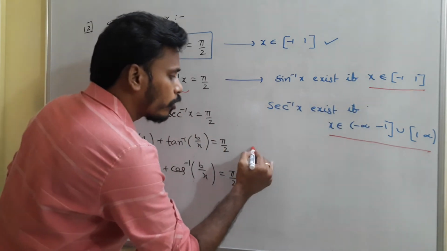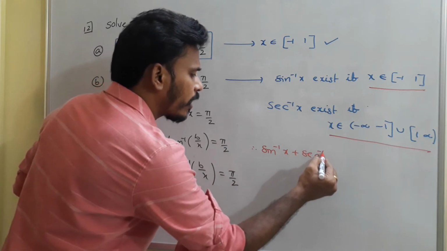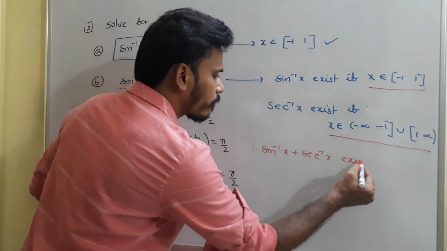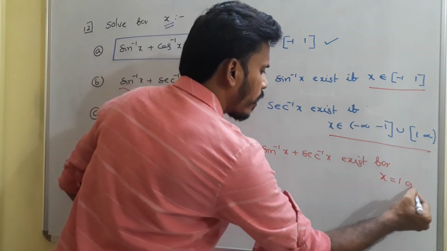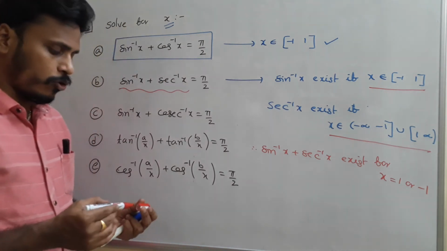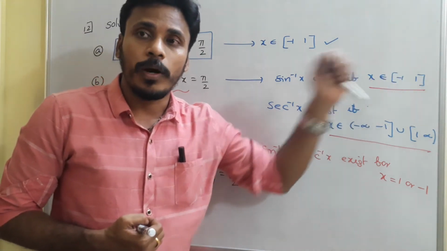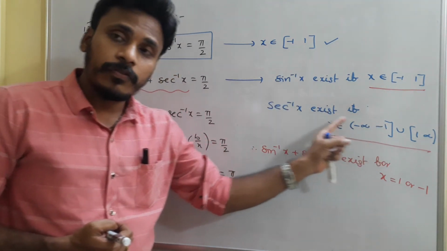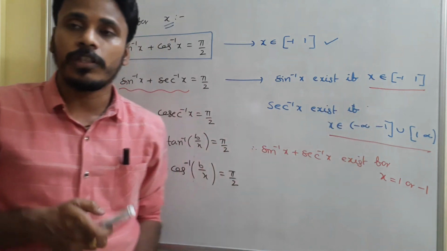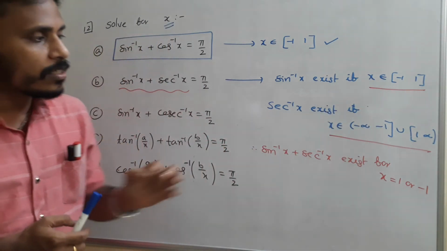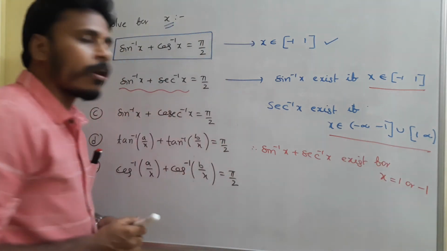So we conclude that sin inverse x plus secant inverse x exists for x equal to 1 or -1. Just think about it. Here the domain is from -1 to 1. Here the domain is the left side of -1, whereas the right side of 1. What are the common values for these two domains? The common values are just 1 or -1, right? So this exists only for 1 or -1.